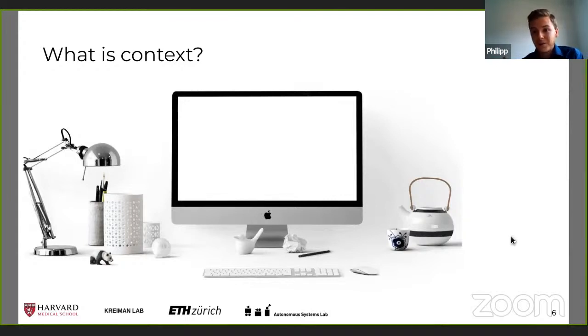But leaving a lot of those subtleties aside, it's nevertheless helpful to establish a few principles, a few ways how we thought it appropriate to think about context. So first of all, it makes sense to define context relative to a target.